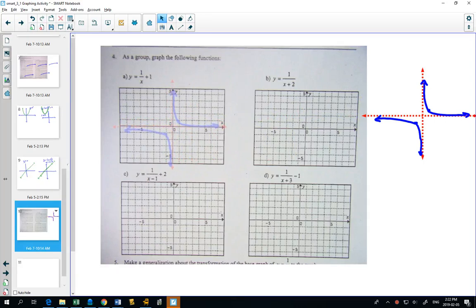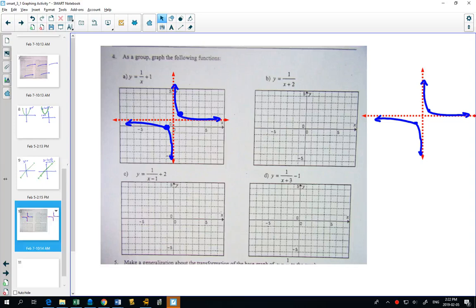That plus 1 is outside of the function. That will move it up 1, and your graph will end there. The key points you need to know for your rational graph are your asymptotes and only these 2 points. Once you've got your asymptotes and those 2 points, you just need to draw your graph towards the asymptotes.